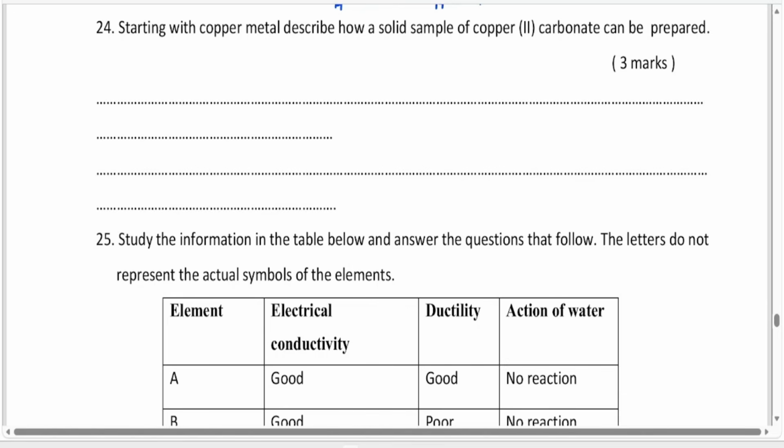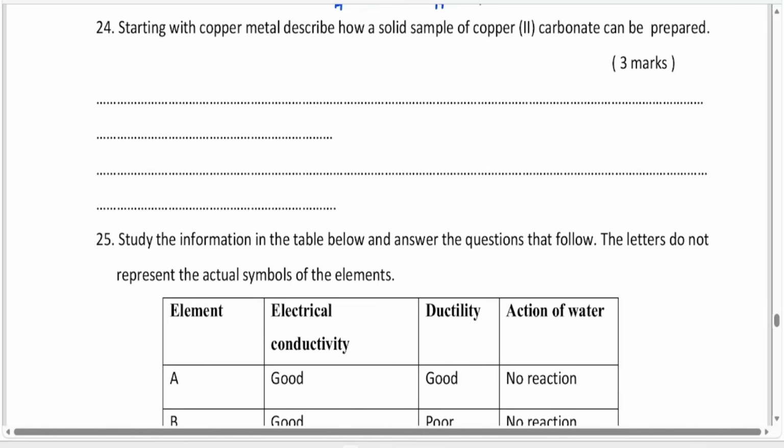One method is to react copper with concentrated nitric(V) acid, with excess copper. This gives a filtrate of copper(II) nitrate that we then react with a soluble carbonate, and then we shall be in a position to prepare copper(II) carbonate.